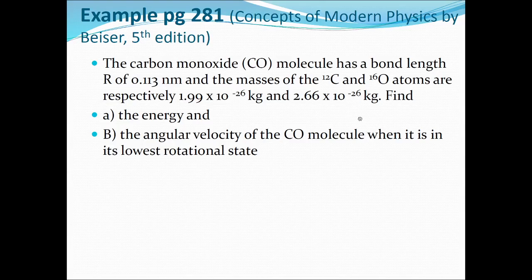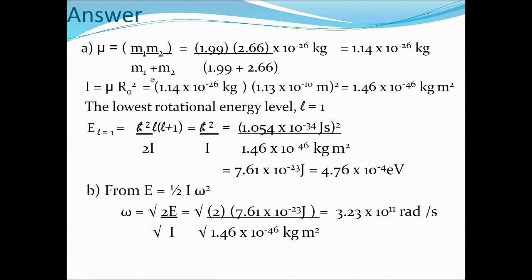Okay, first what you have to do is find the value of energy. Before that, you have to calculate the reduced mass, which is the value of mu. From the previous equation, you know the reduced mass formula is mass 1 times mass 2 divided by m1 plus m2.